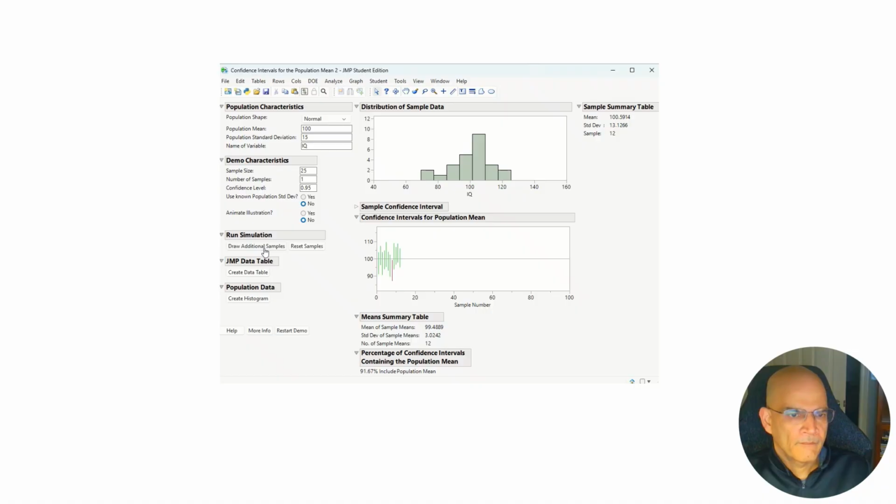As we keep drawing samples, it's only 91%, but we have only 12 samples. As we keep drawing, it's based on an infinite number of samples. Right now it's 92%, and it keeps changing because there are some samples which do not contain the population mean, but the majority of them contain the population mean.